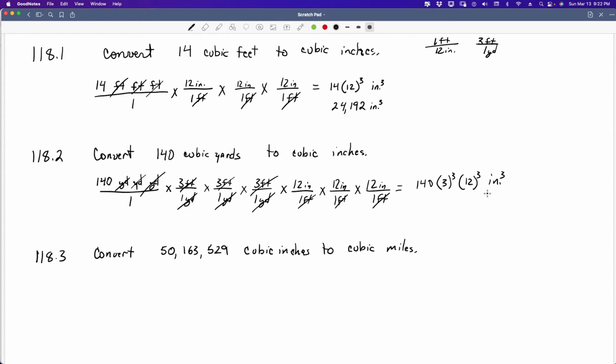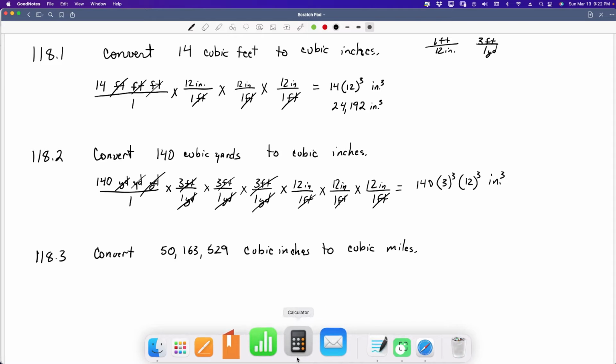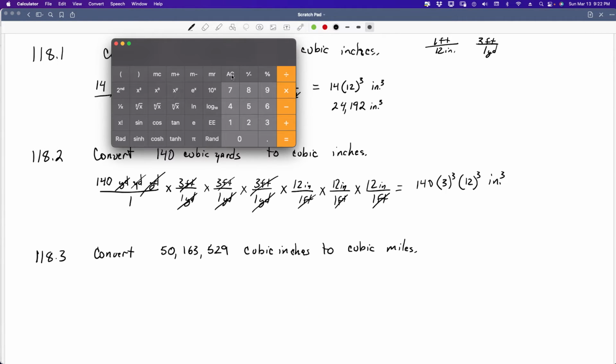So now we can leave the answer like that, or we can multiply. I'm going to start with the highest number here, which is 12 to the exponent of 3.